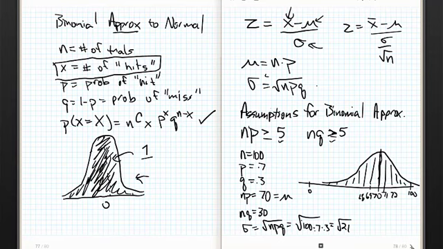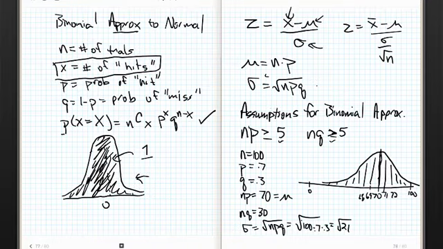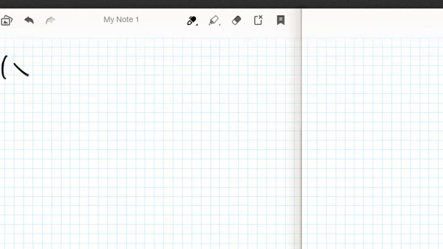So watch this. Let me show you why we use the normal approximation. We've met the assumptions. You may say, well, Ripley, wait, we have the formula. Remember this guy back here? The probability that x equals the number of hits is this formula. But what if I ask you the probability that x is less than or equal to, say, 60?